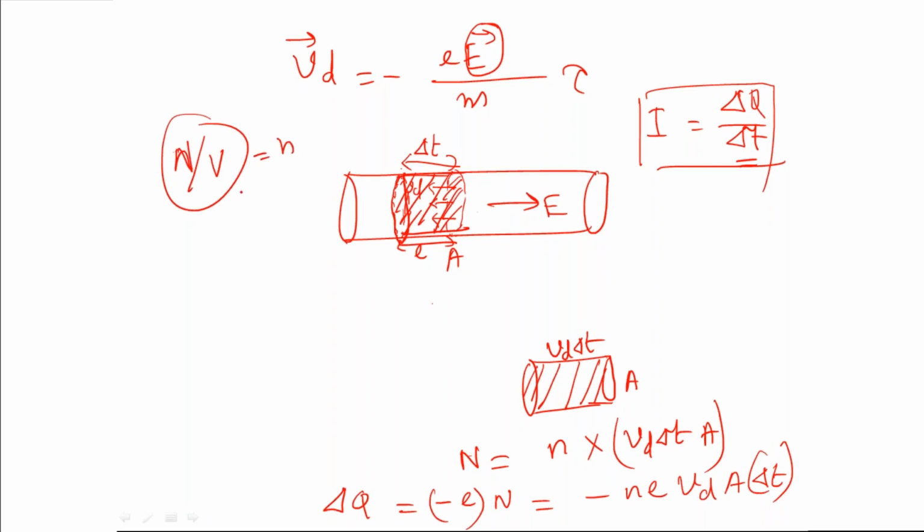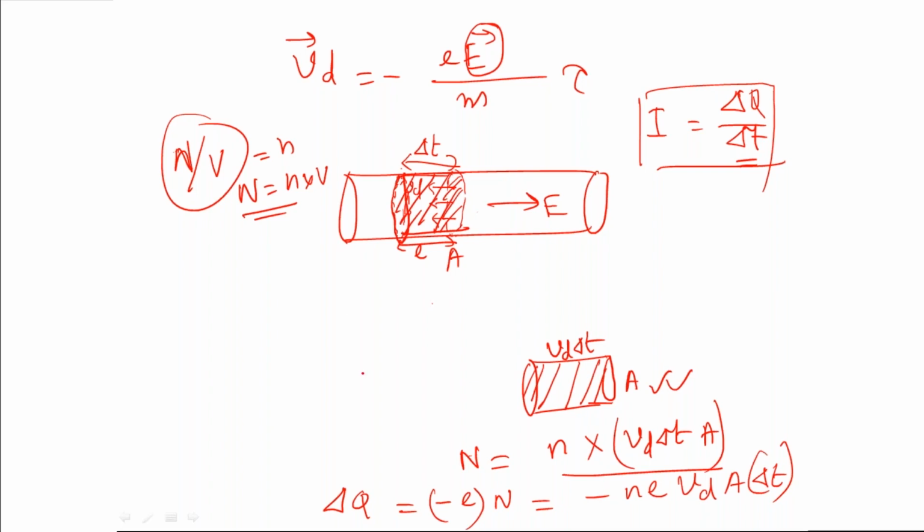If I want the total number of charges, I get the volume and multiply, then I get the total number, which I have done here. This delta t time, what is the volume in that time? This is the volume of the small cylinder which I have drawn here. In this volume, the total number of electrons will cross this area in delta t time. So that is what I have written.